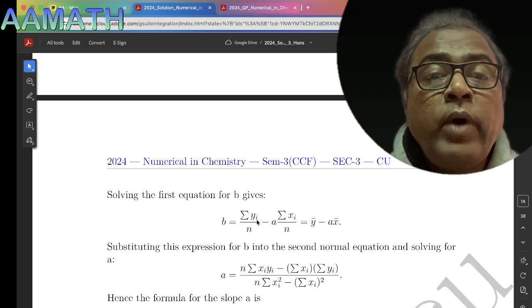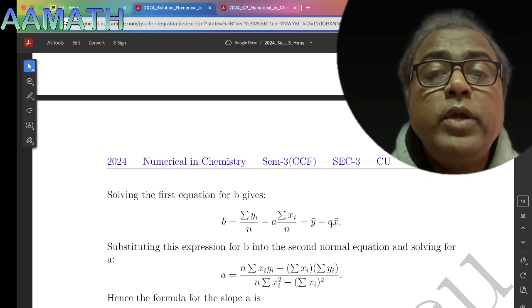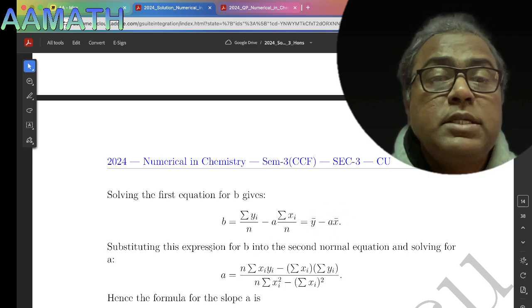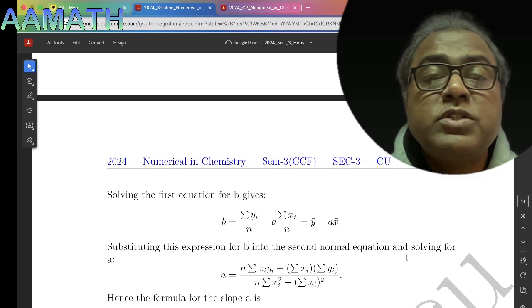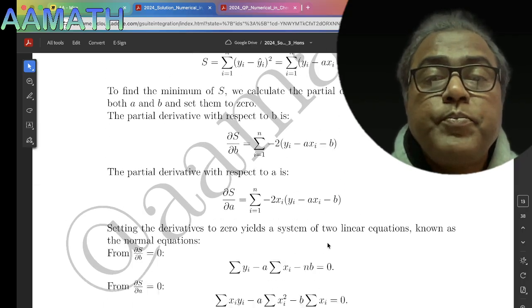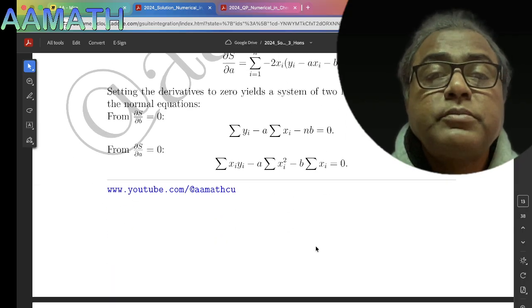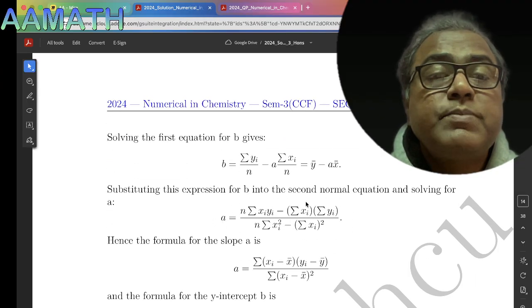Actually, this summation yi by n is y bar, the arithmetic mean of y, minus a into x bar, the arithmetic mean of x. Substituting this expression for b into the second normal equation, and after simplification, we get a equal to this.